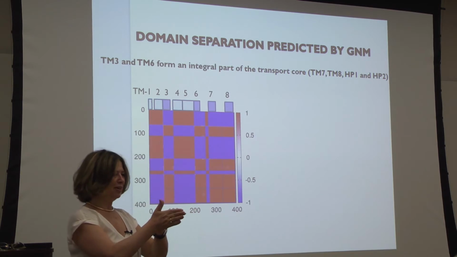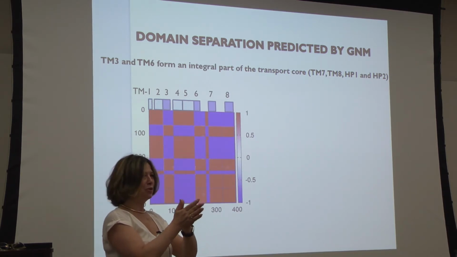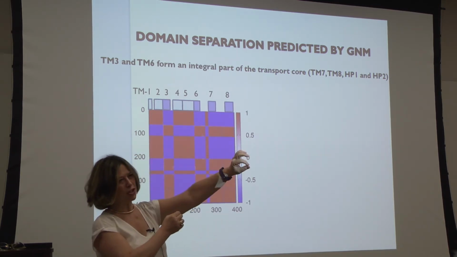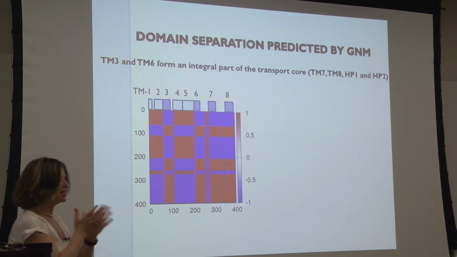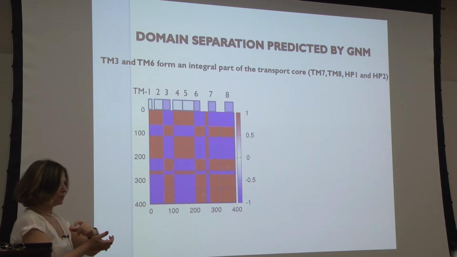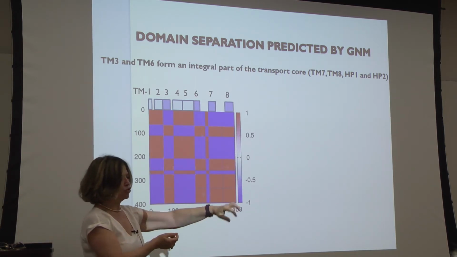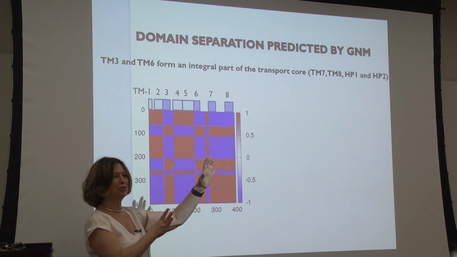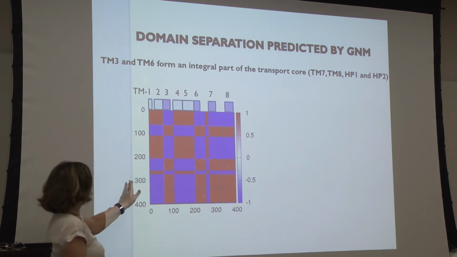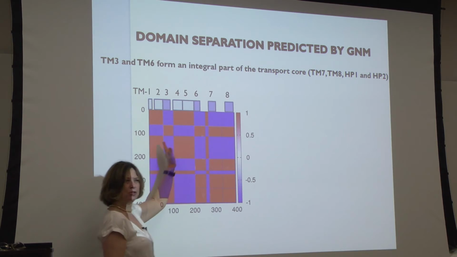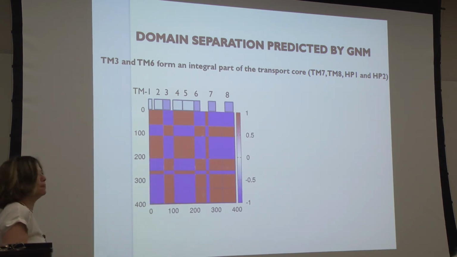Because a single mode is a single direction in this n-dimensional space, right? Either a given residue moves along that single multidimensional direction or not. So that's why you get very clean results when you plot the single mode in GNM.